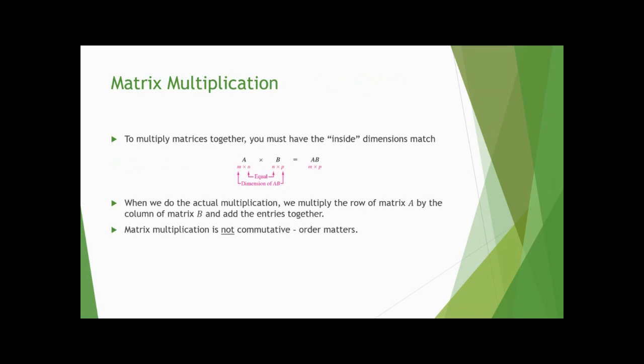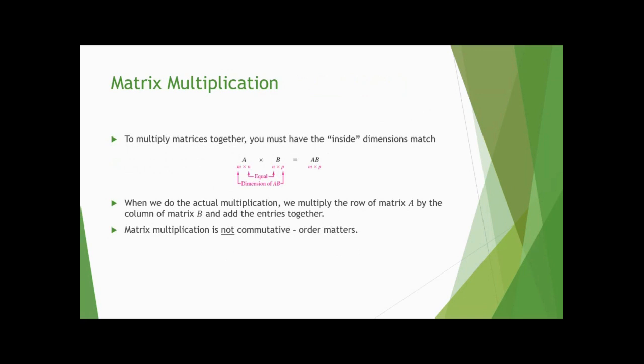Okay, so matrix multiplication. This is what you have to do on, I think, problem 2 on the assignment. This is the part where it gets a little confusing for people. When you're multiplying matrices, you have to have the inside dimensions match.